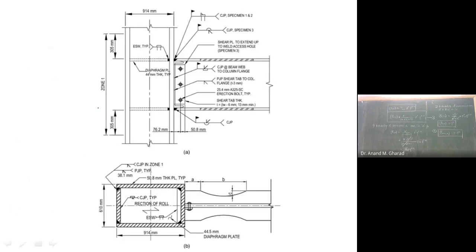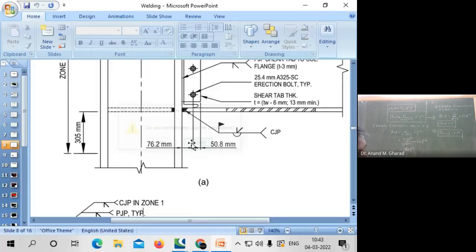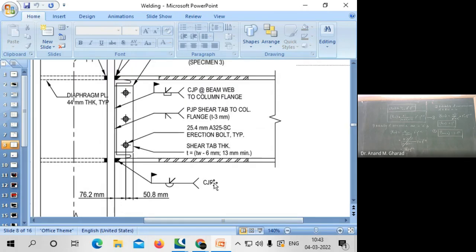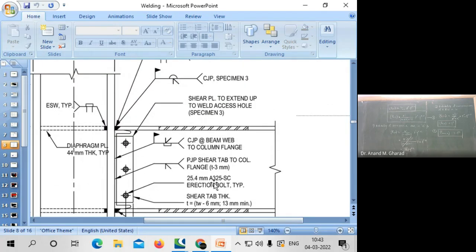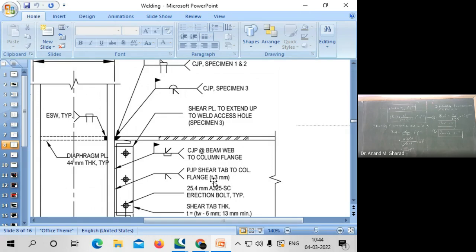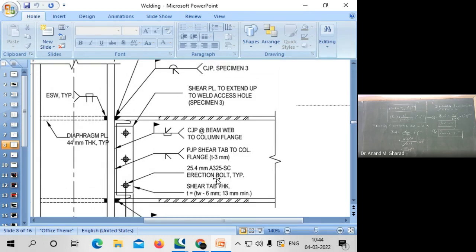These are a few drawings, and you can see there are a few specifications also given. So you can see this is a very common connection between a column and a beam.